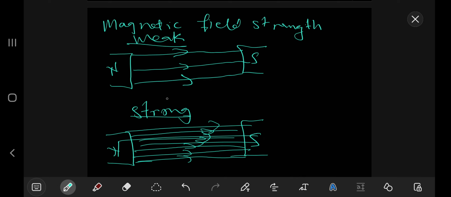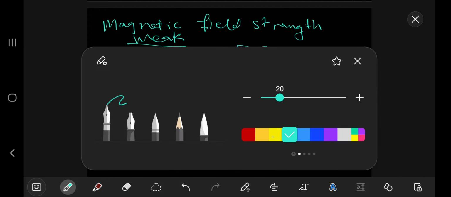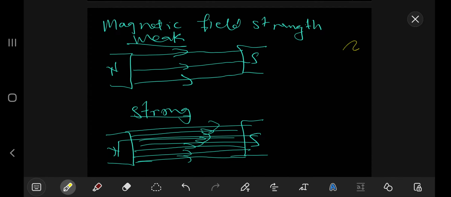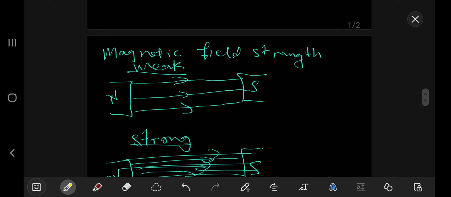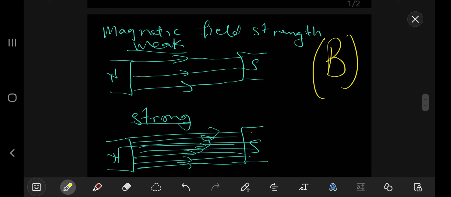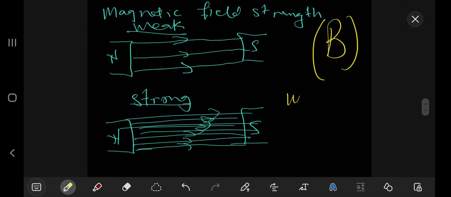But how is the magnetic field strength represented in terms of physics? Magnetic field strength we call it B, right? And its units are Tesla, right? In short, just T.